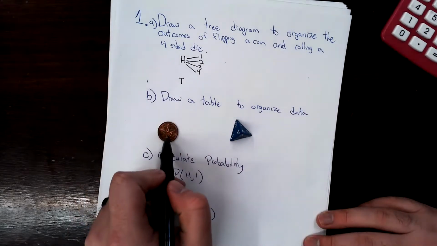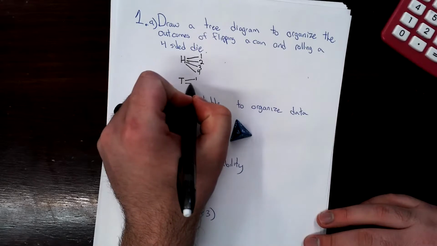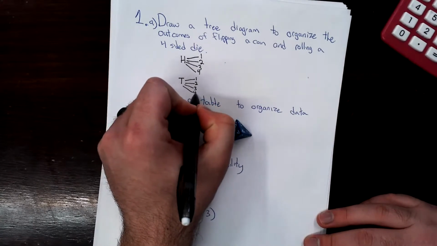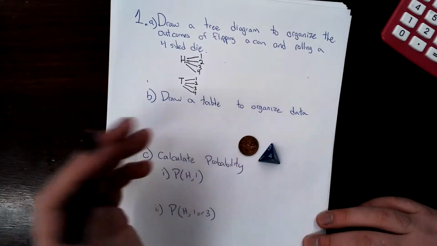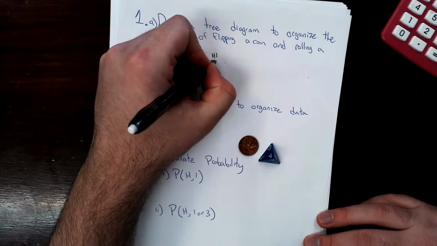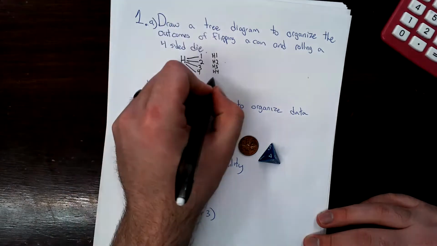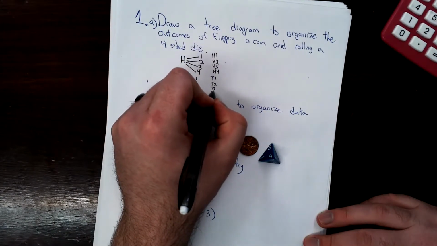If I get a tails, I could get a 1, a 2, a 3, and a 4. This is what our total outcomes are. If you want to organize this a little further, you could get heads 1, heads 2, heads 3, heads 4, tails 1, tails 2, tails 3, tails 4.